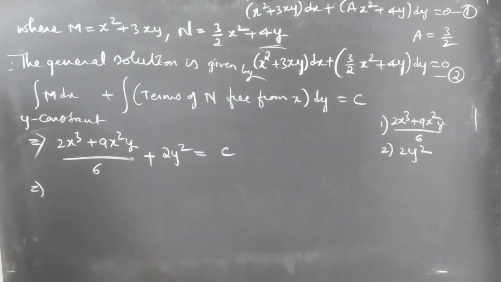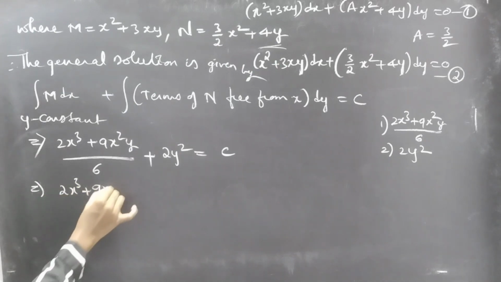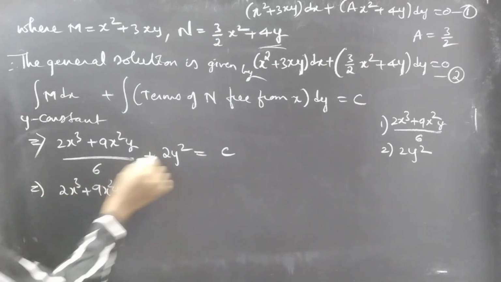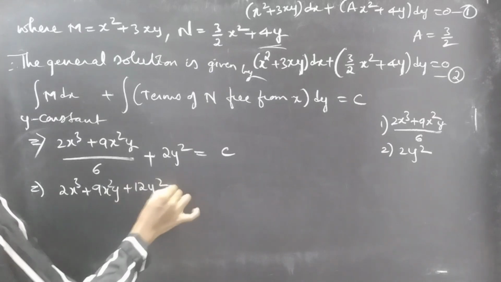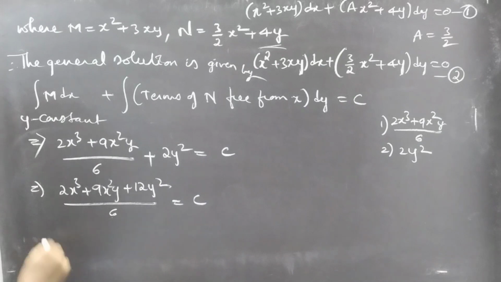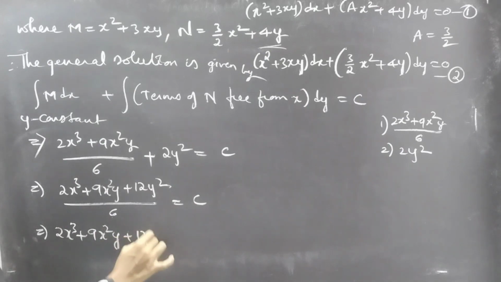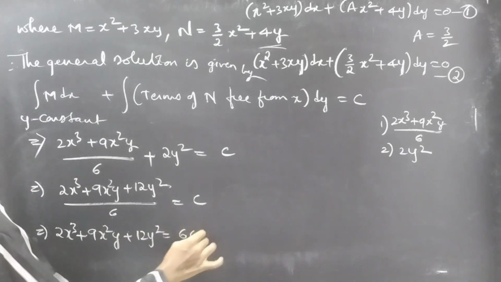Now take the LCM of these two, or you can just write this as 2x cubed plus 9x square y plus 12y square by 6 equal to c. Now take this 6 to RHS, then we'll get 2x cubed plus 9x square y plus 12y square equal to 6c.